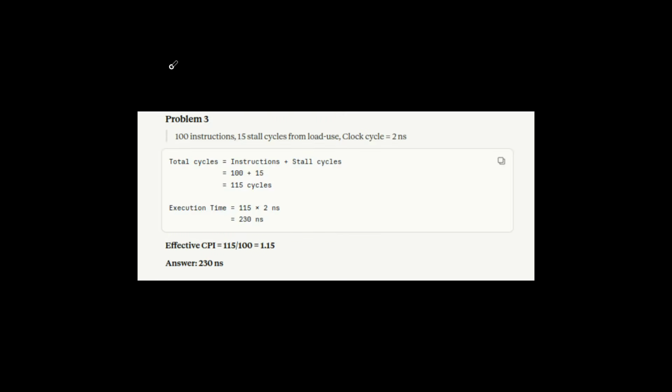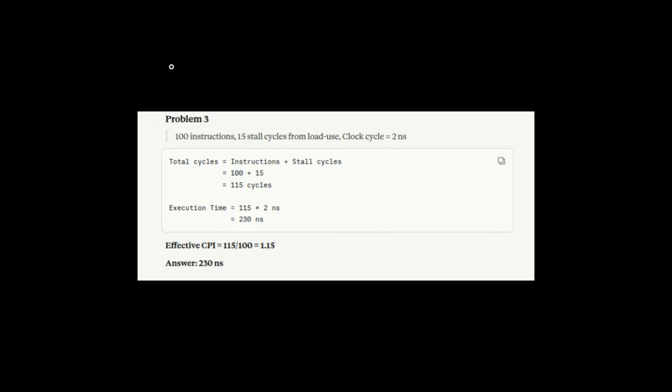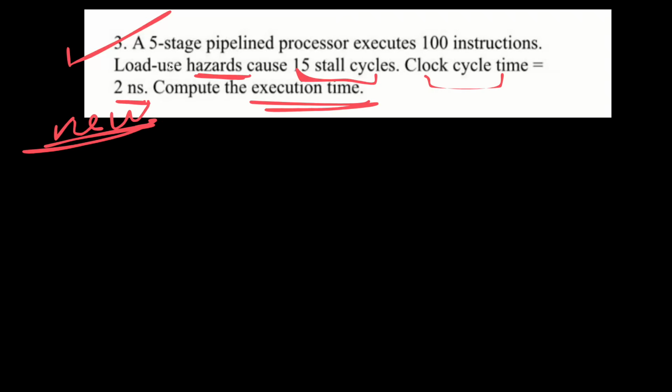So how are we going to do this? Execution time would be the total number of instructions, 100, into CPI, which would change, into clock cycle time of 2 nanoseconds.